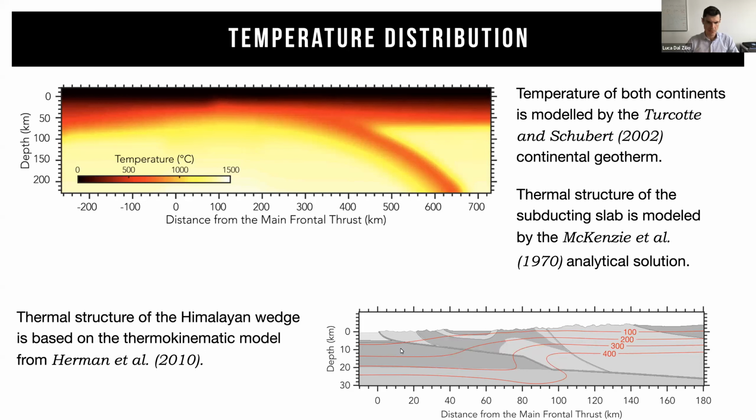You can see that the temperature changes very quickly from 100 degrees all the way to roughly 400 degrees at the end of this mid-crustal ramp. So we try to incorporate the temperature distribution in the entire domain, and also specifically within the wedge, such that we can have good initial conditions for these seismic cycle simulations.